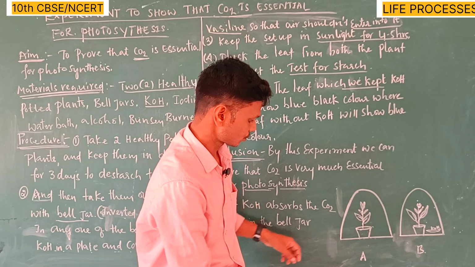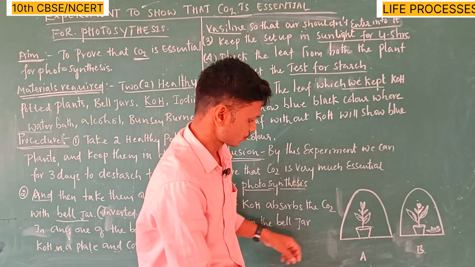Then keep this setup in sunlight for 4 to 5 hours. After that, take one leaf from this and one leaf from this and conduct the starch test. Once after conducting it, you will get to know this one will not show blue-black color and this one will show blue-black color.